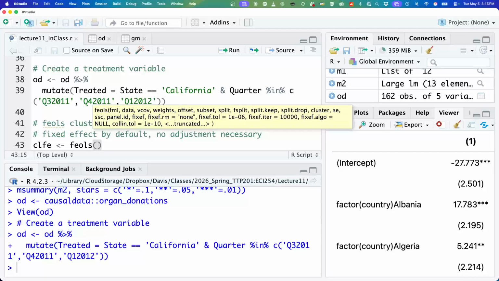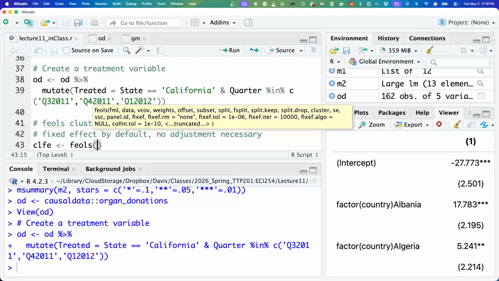In the previous examples with fixed effects, we demeaned the data manually, but you don't always need to do that. There are packages where you can specify the groups, and then it'll take care of everything for you.